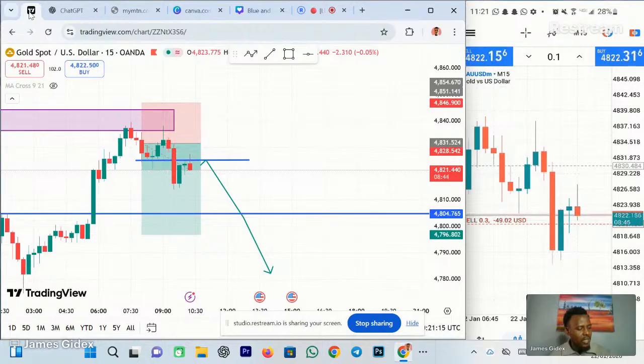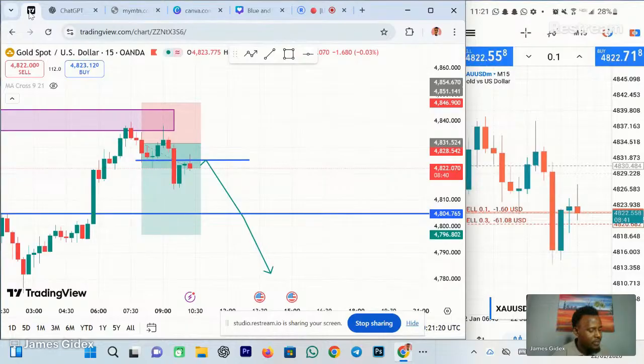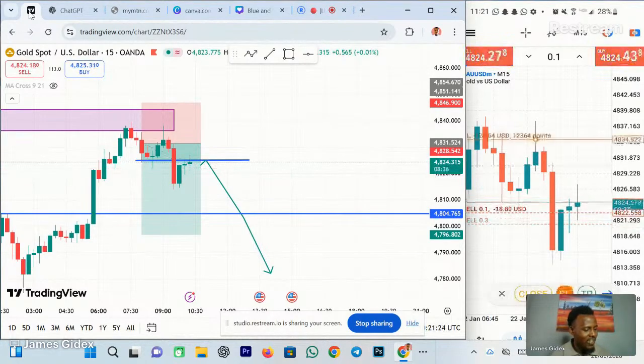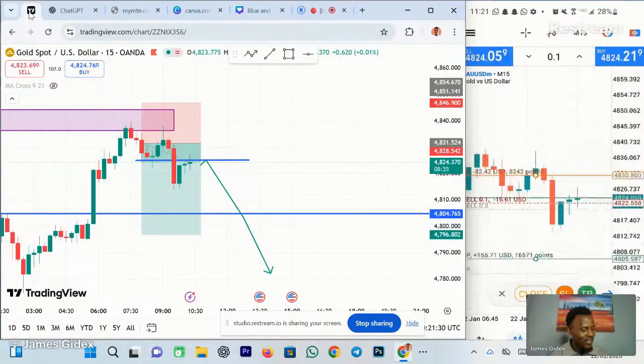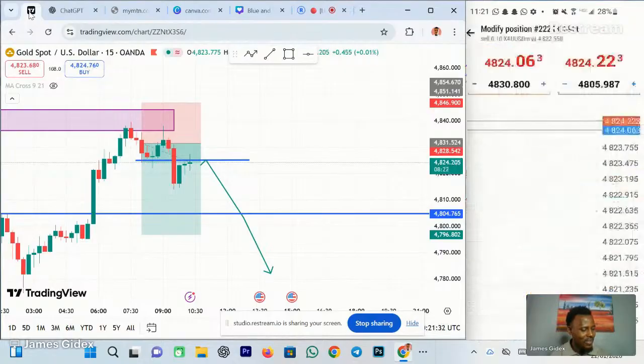So at this point, I can choose to add more position. Look at that. So okay, fine, I'm going to take a profit right there, 160.